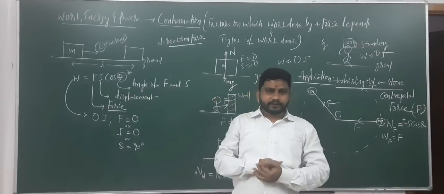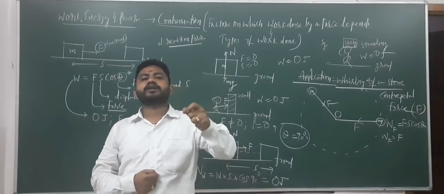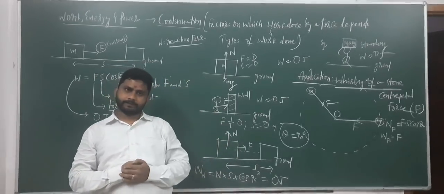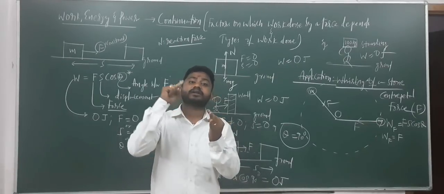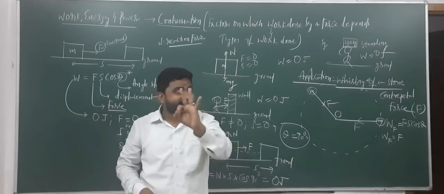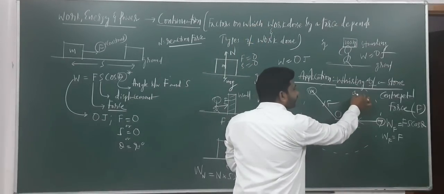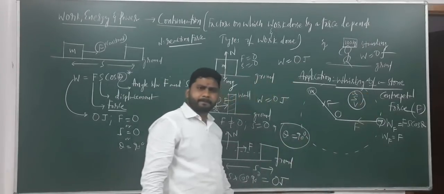In a circular path, at any point, a vector quantity may be acceleration, velocity, or displacement. Remember, these three are vector quantities.